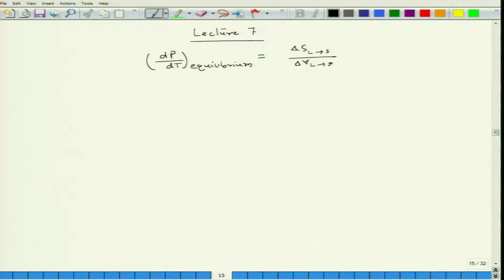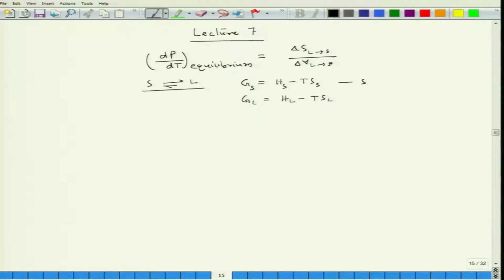Now, if we consider equilibrium between solid and liquid, then I can also write G equal to H minus TS for solid, and also I can write it for liquid as H minus T SL.